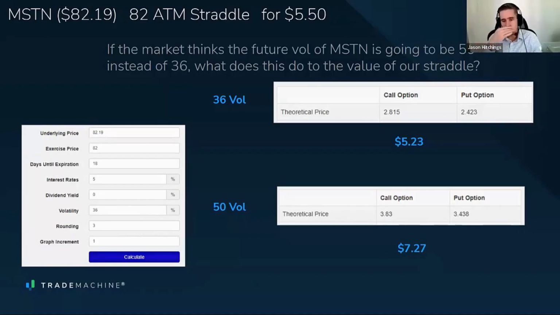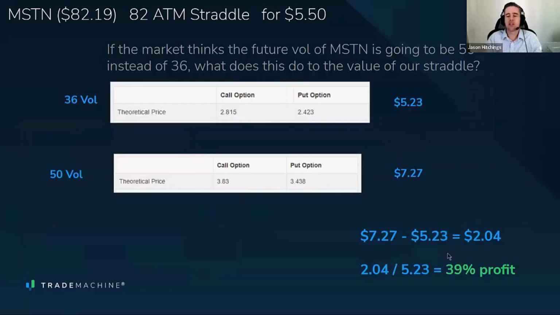So in that sense, you own volatility, you're long vol, because as the volatility assumptions increase, the value of your position can go up. And in this case, your position would increase about 39% in value from that move from 36 to 50 vol.